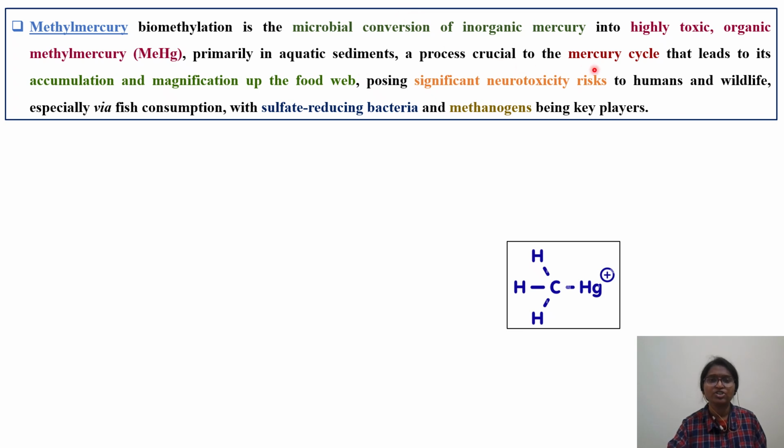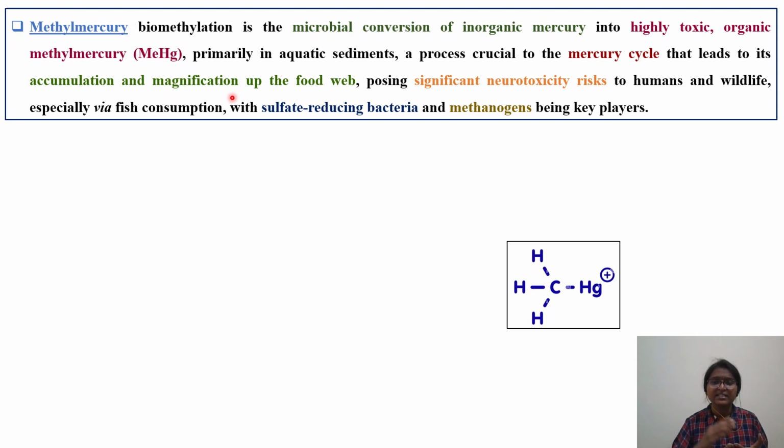This is a process crucial to the mercury cycle. In the environment, mercury undergoes a cycle, and this is the first important step that leads to its accumulation and biomagnification up the food web.